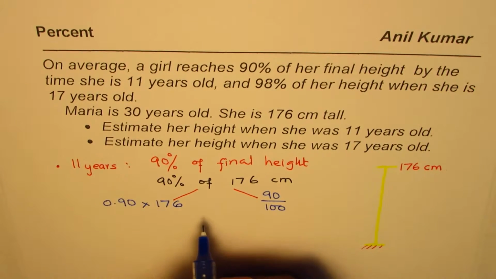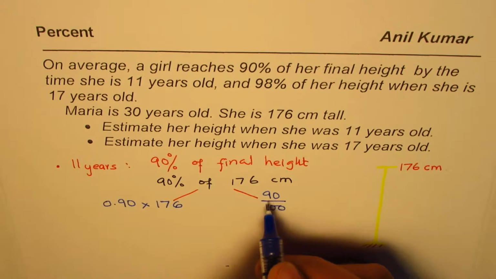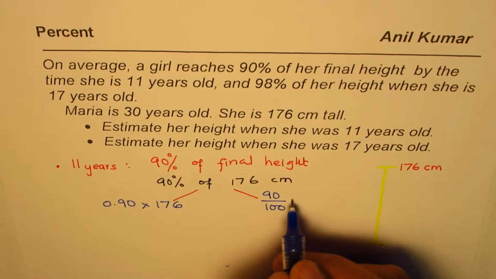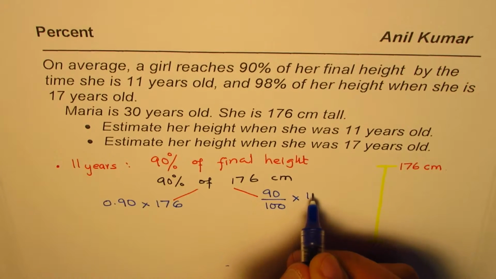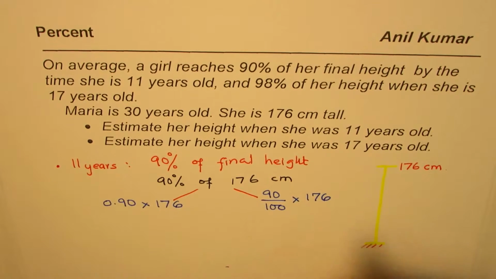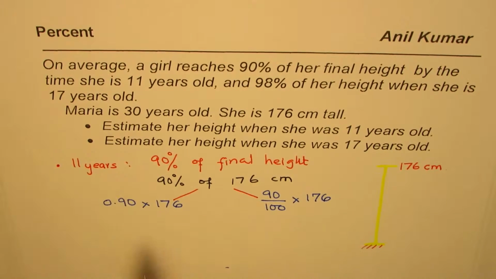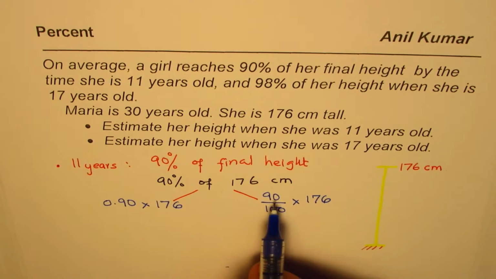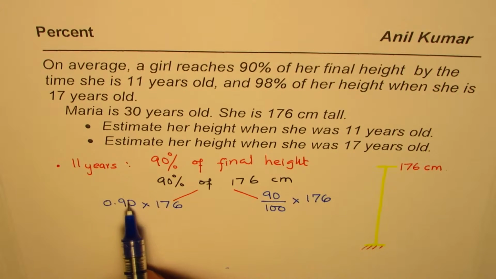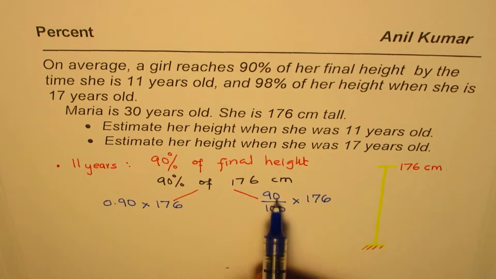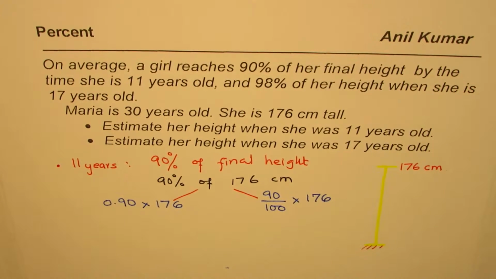Now in this case, we'll multiply 90 over 100 by 176. So we'll get our result. Both should give you the same result, right? So let us write down the answer. After multiplying this by 0.90 or 90 over 100 times 176, right?